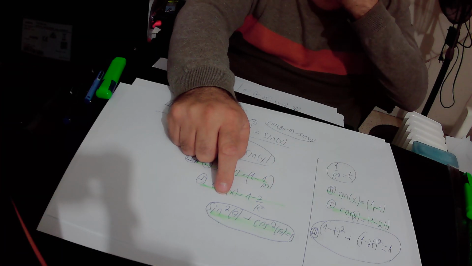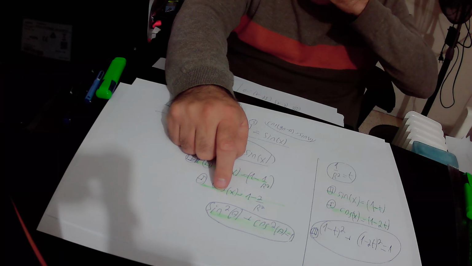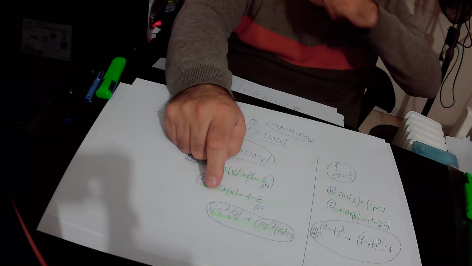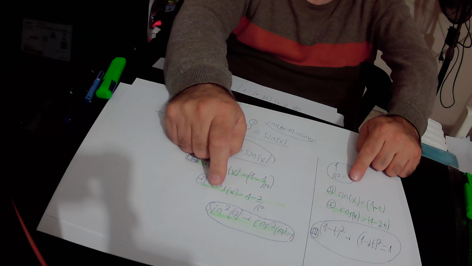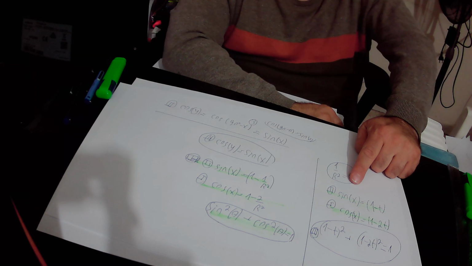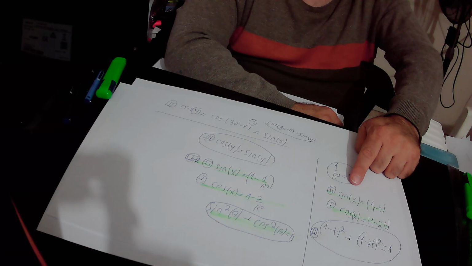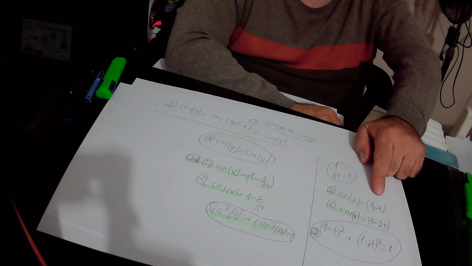Okay, then we have the trigonometric identity that sine squared theta plus cosine squared theta equals 1, and we implemented this trigonometric identity in our two equations. So here we have sine x equals 1 minus t.